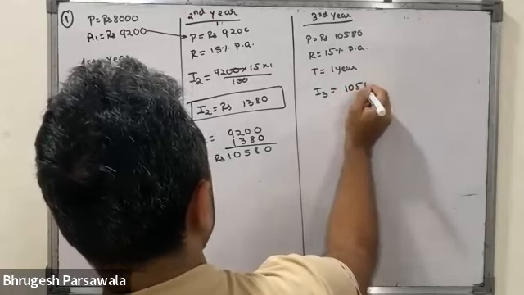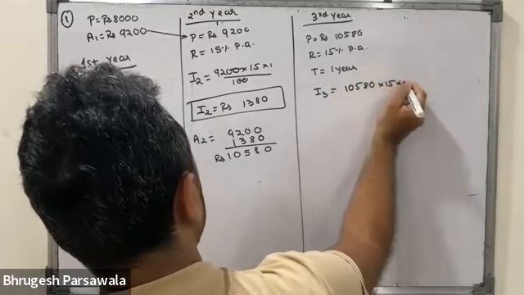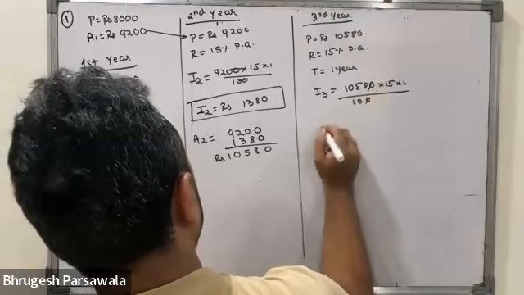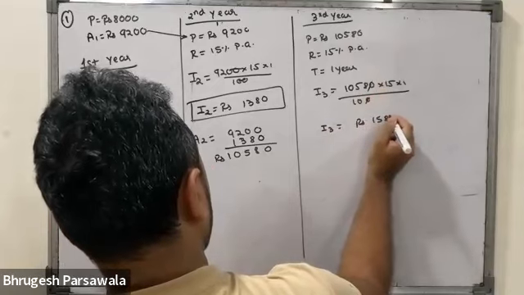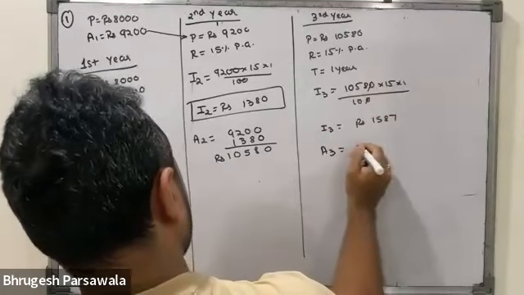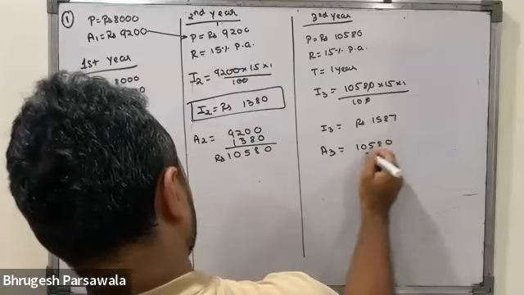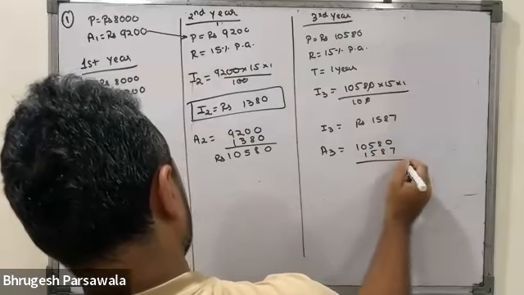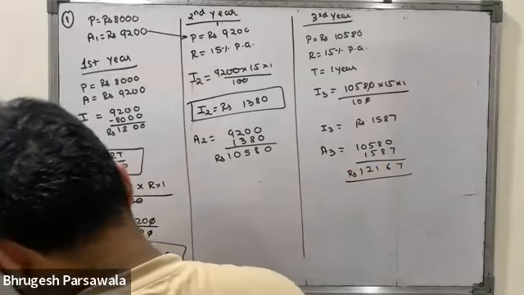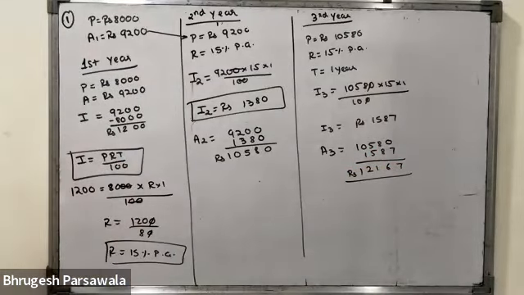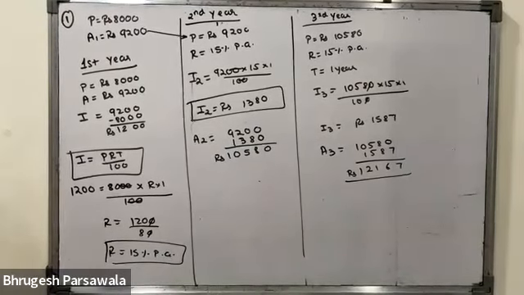So the amount at the end of the third year is 12167. Are you all comfortable? First year, second year, third year.